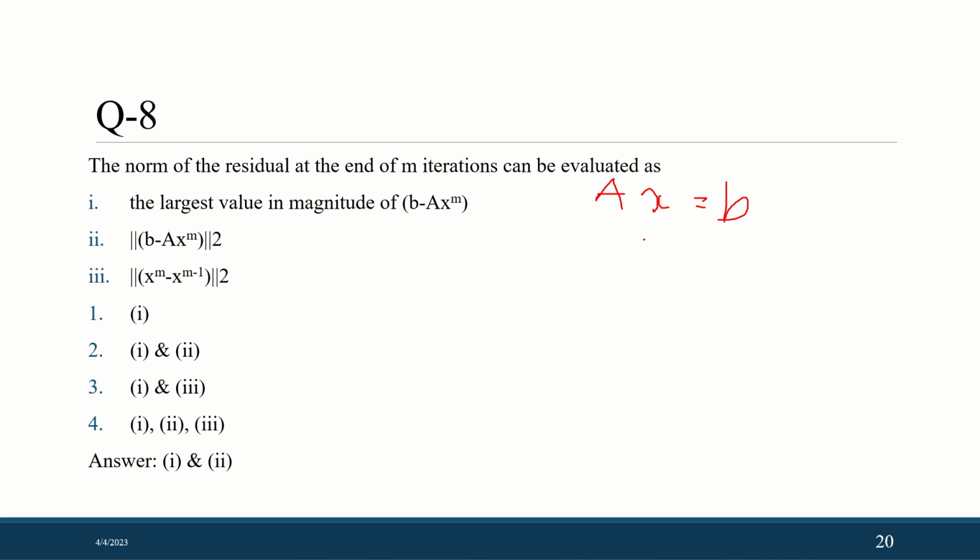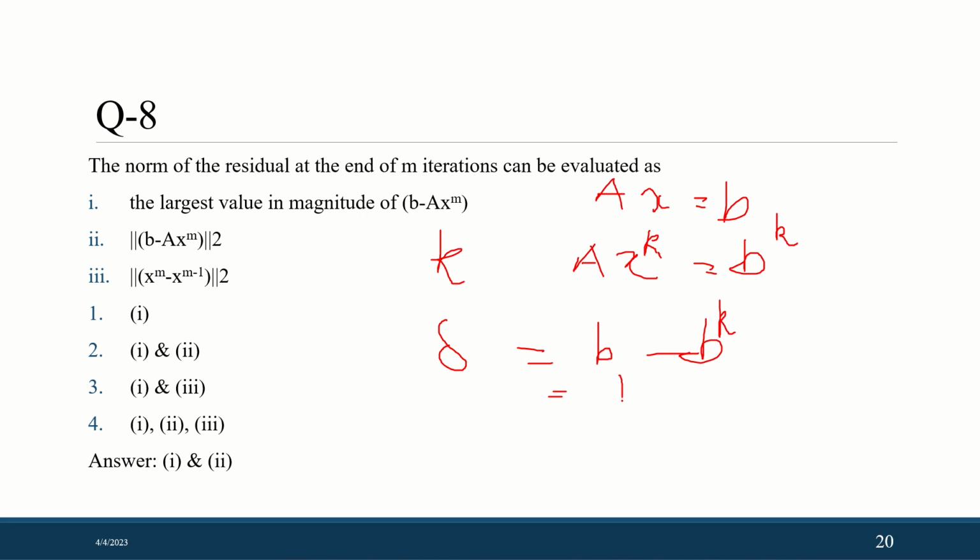So let it be for kth iteration Axk is equal to bk. So residual is given by b minus bk, that is here b minus Axk.